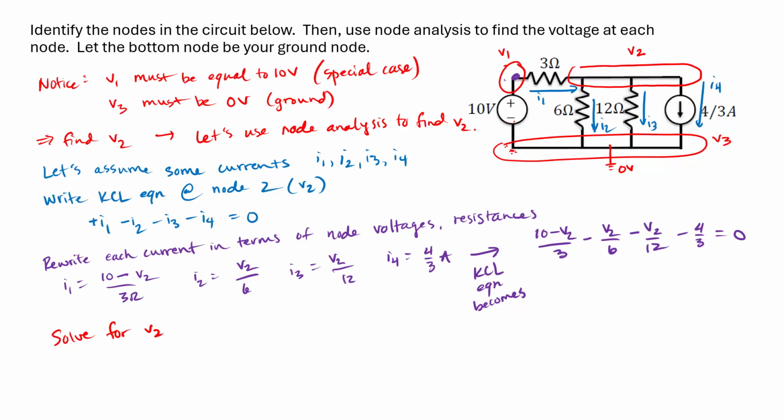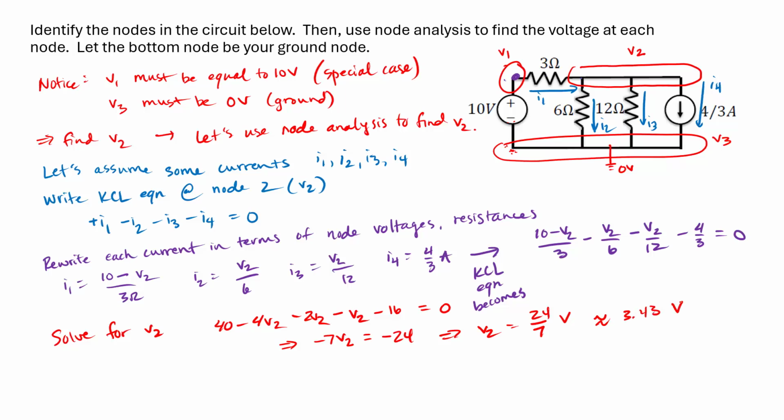If we multiply both sides by 12, we will determine that we will have 40 minus 4v2 minus 2v2 minus v2 and then minus 16 equals 0. So minus 7v2 is equal to negative 24. That means our v2 is 24/7 of a volt, or approximately 3.43 volts.